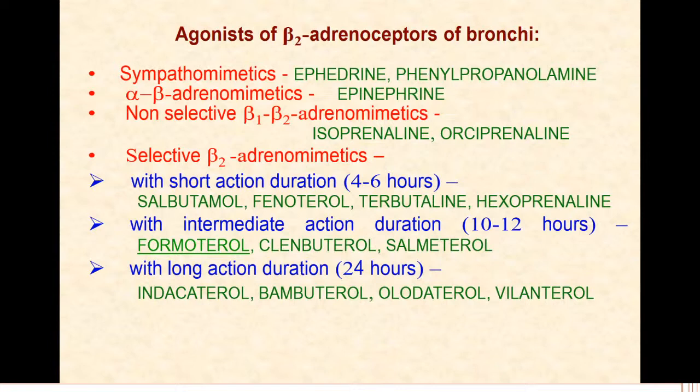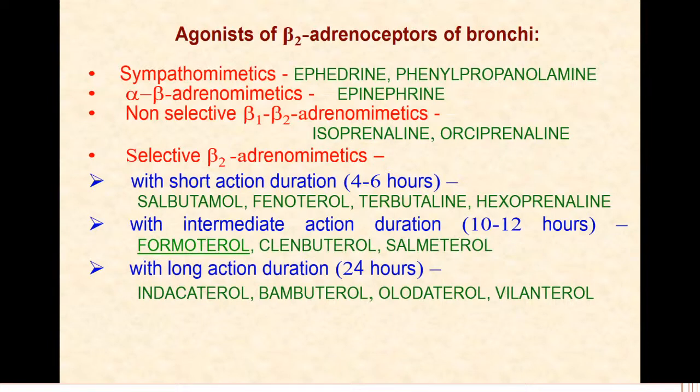But afterwards, we discovered that these drugs are very effective in inhalation introduction. And since those years and nowadays, we use all these selective beta-2 adrenomimetics only in drug forms for inhalation. These are either aerosols or sprays.